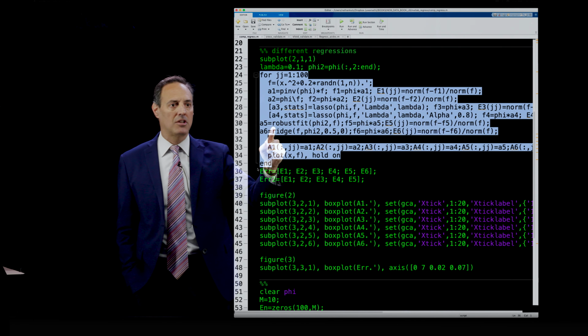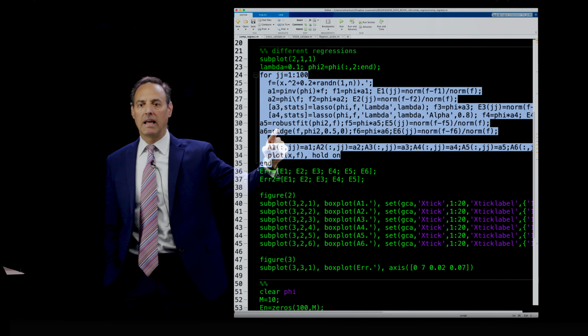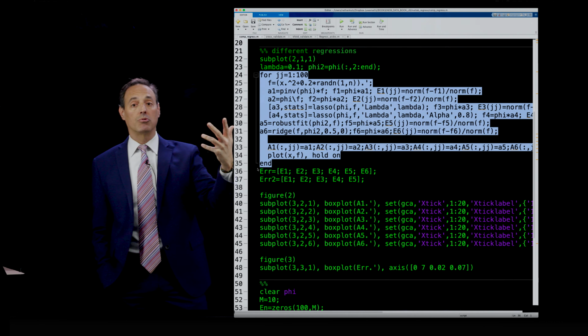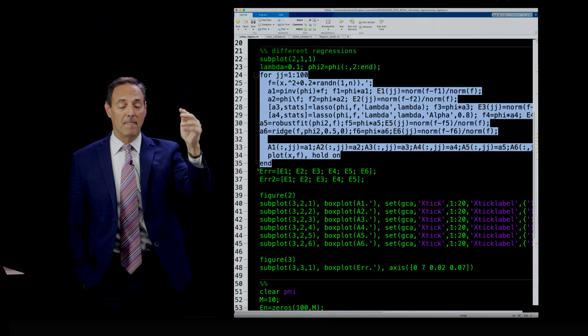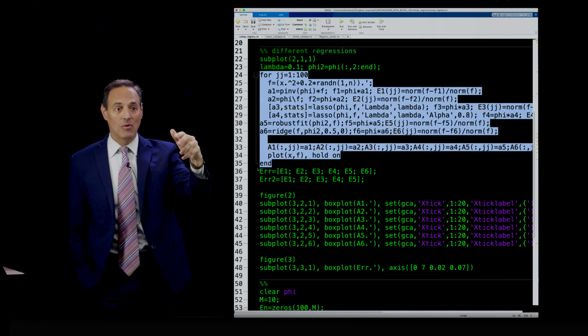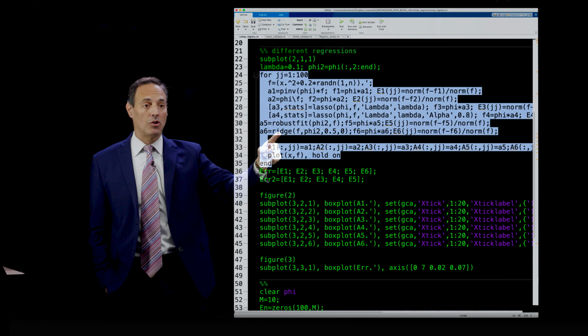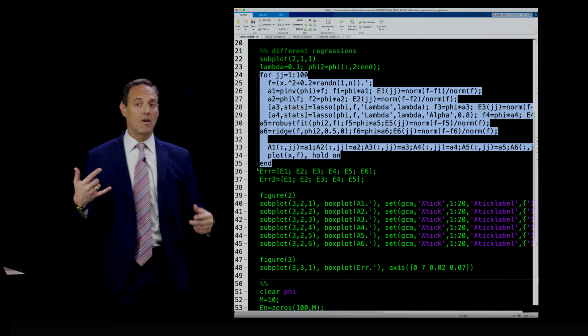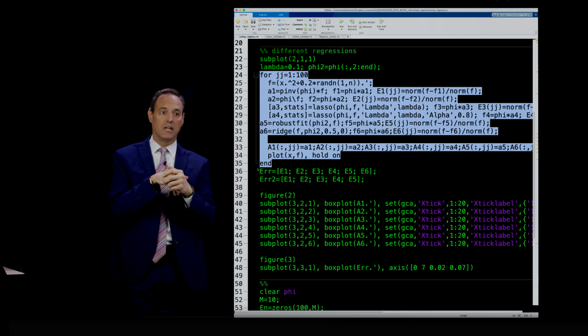Solution 5 is the command called robust fit. This is, again, another Ax equals b solver. Did you know there were all these Ax equals b solvers? So you have pseudo-inverse, backslash, lasso, robust fit, and also ridge. So these are 6 different architectures, or it's really 5, with lasso being 2 different instantiations.